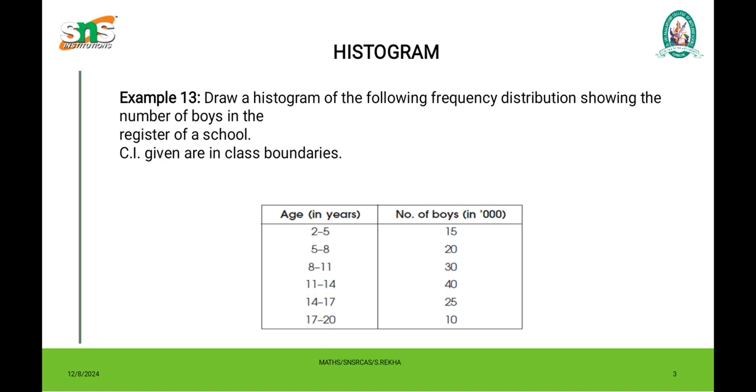If you need data for some schools, you can easily split the data: 2 to 5, 5 to 8, 8 to 11, 11 to 14, 14 to 17, 17 to 20.